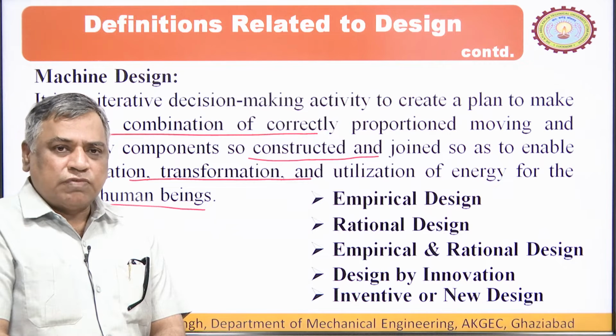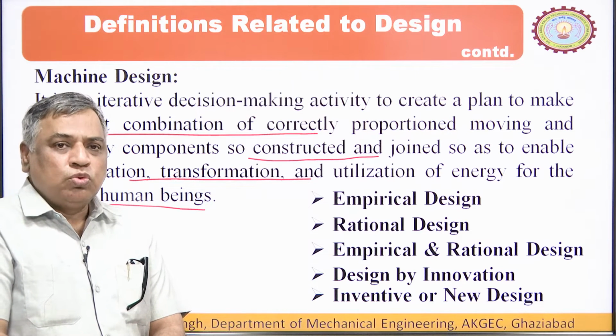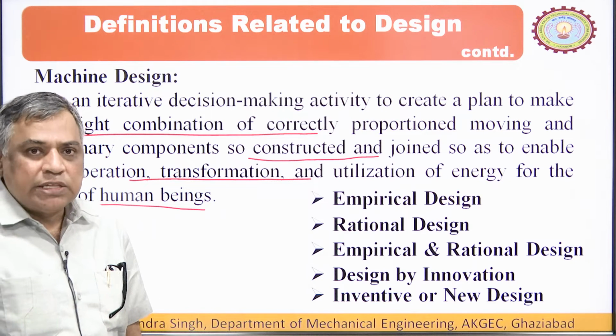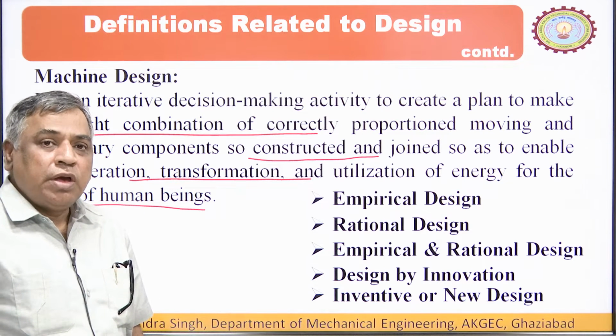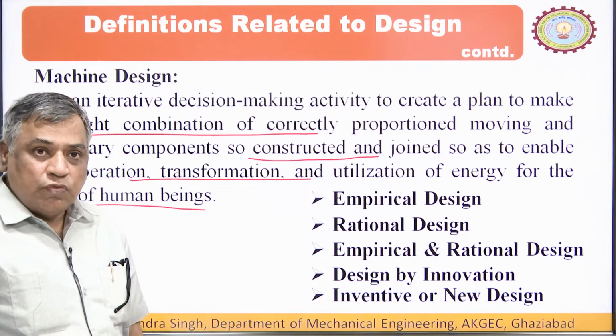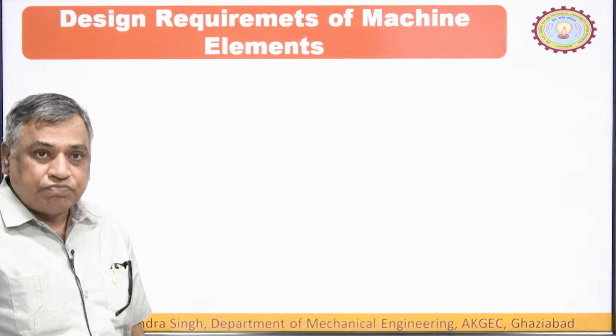On the basis of this concept, we can invent some new machine. That will be a new design or the inventive design. So, these are the basic definitions related to design. These are a few which I wanted to point out here. There are a number of definitions available in the field of design.